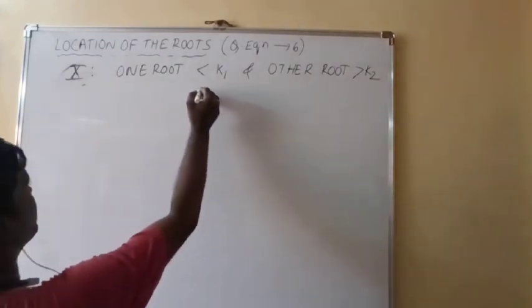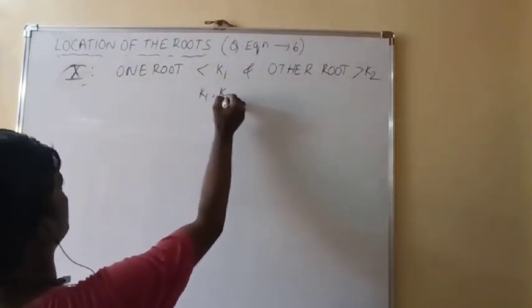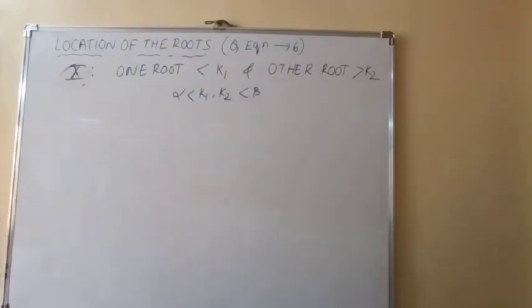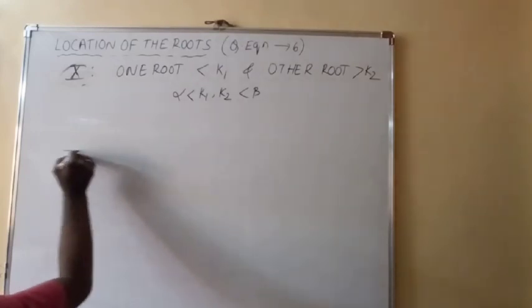That means k1, k2 both lie between alpha and beta. Nothing but roots. Both k1 and k2 lie between alpha and beta.